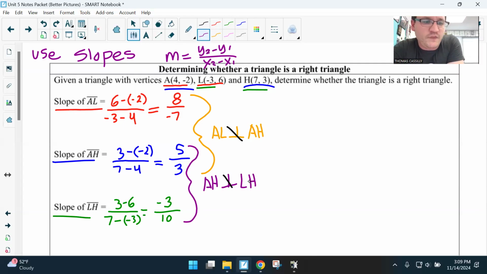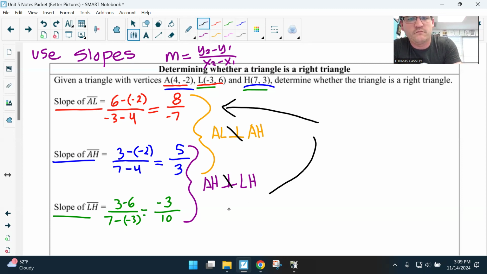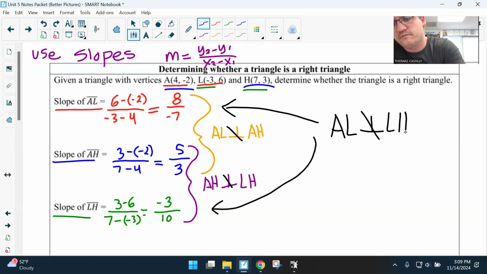Now, let's compare the top one and the bottom one. Running out of colors here. Are those opposite reciprocals? Well, no, they're not. So we can say AL is not perpendicular to LH. So what this tells us is none of those three sides of the triangle are perpendicular.